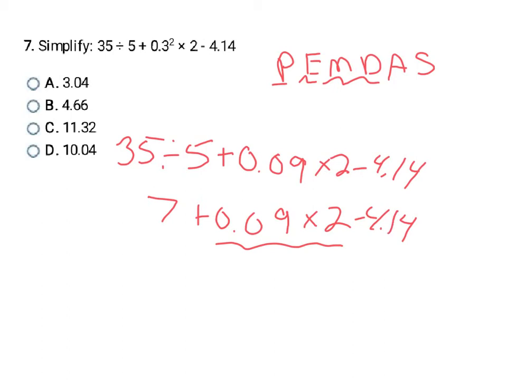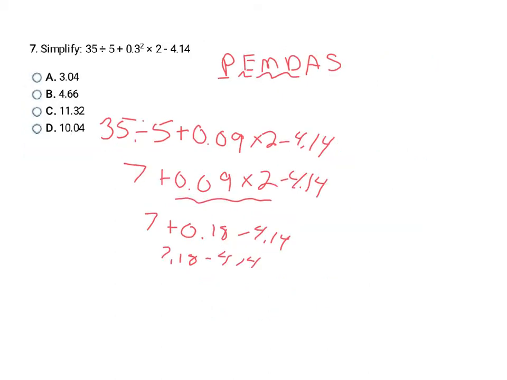So I have 0.09 times 2, and that's going to be 7 plus 0.18, or 18 hundredths, minus 4.14. And so now I'm going to go ahead and do addition and subtraction left to right. So this is going to be 7 and 18 hundredths minus 4 and 14 hundredths. And when I do that last subtraction, I'm left with 3 and 4 hundredths, which is going to make my final answer A.